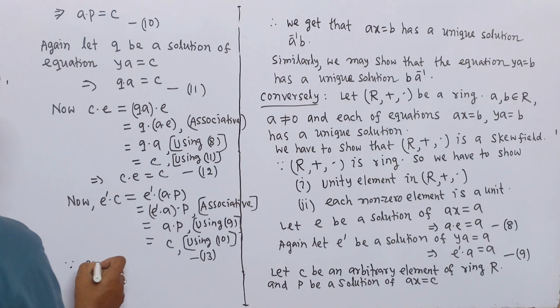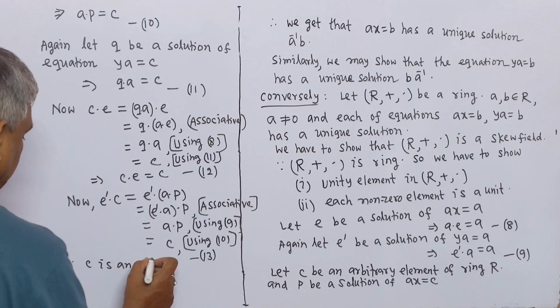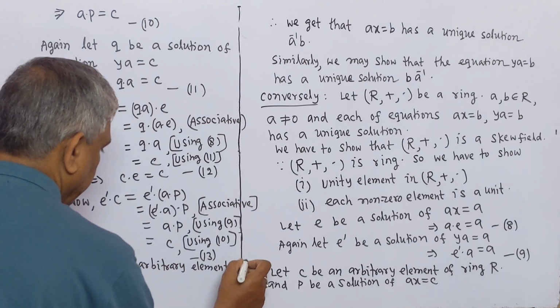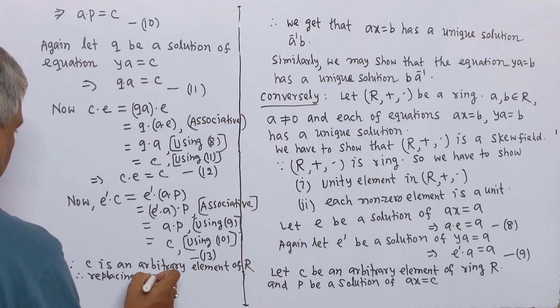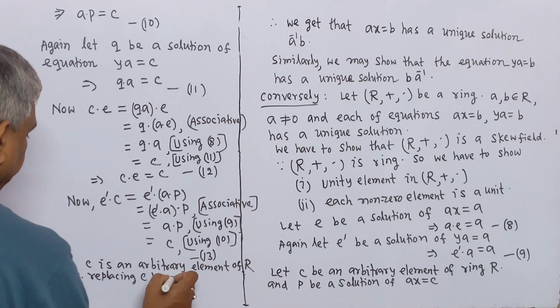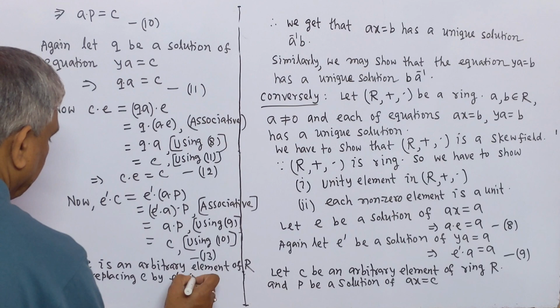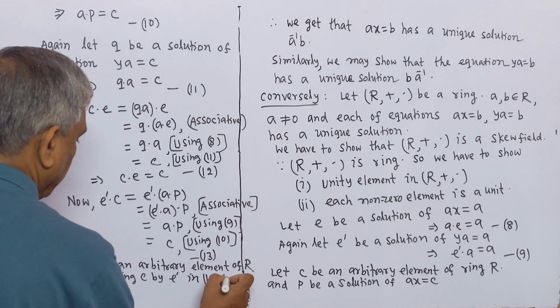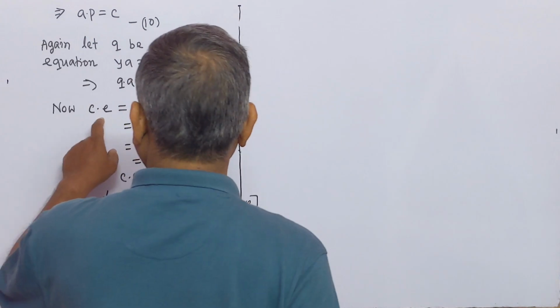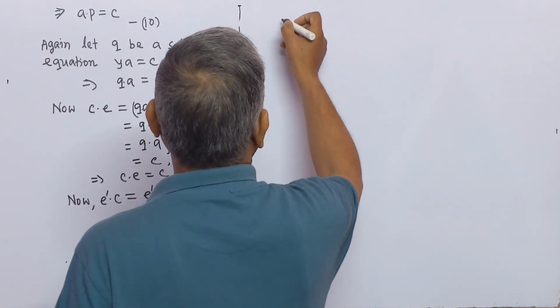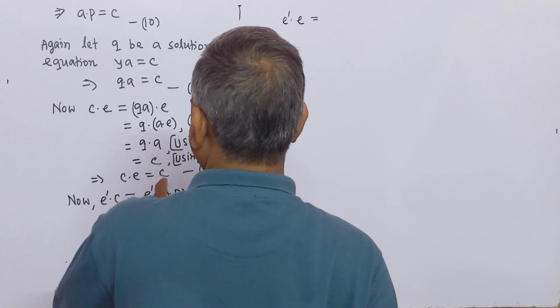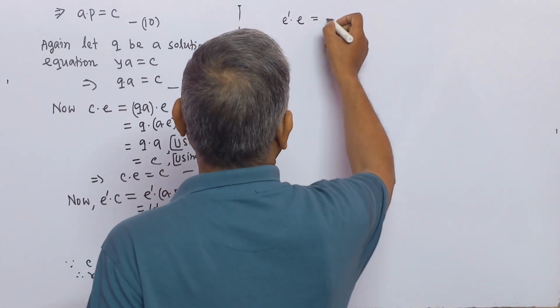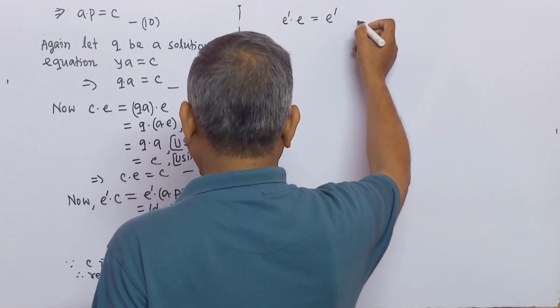Since C is an arbitrary element of ring R, therefore replacing C by E prime in 12, we get, here in place of C we write E prime multiply E equal to C. C means E prime. Let this is number 14.